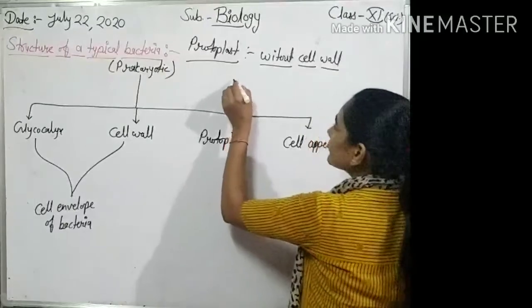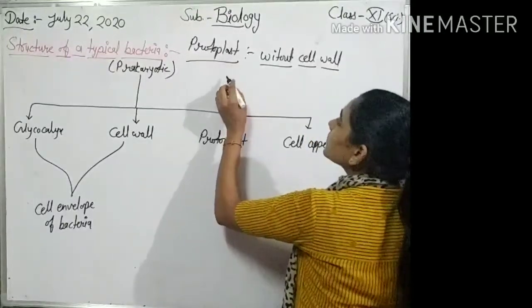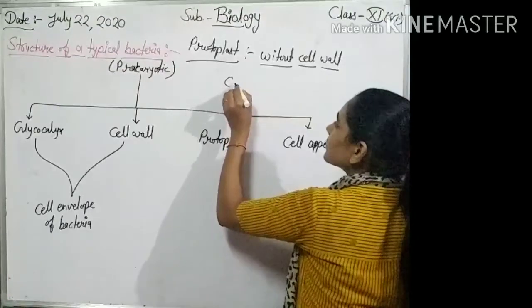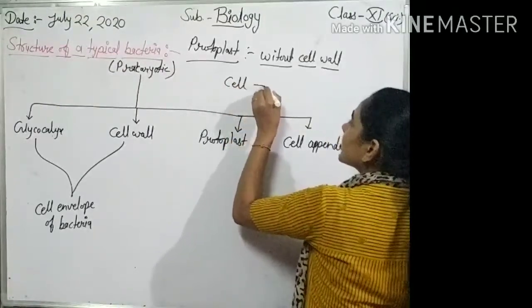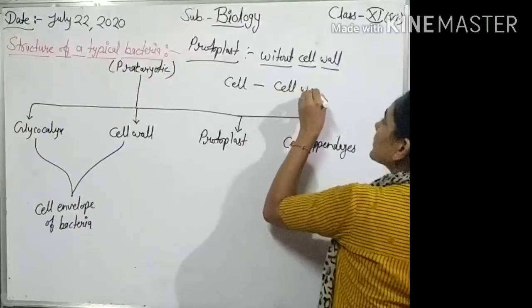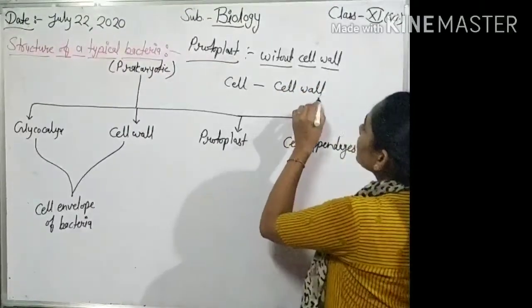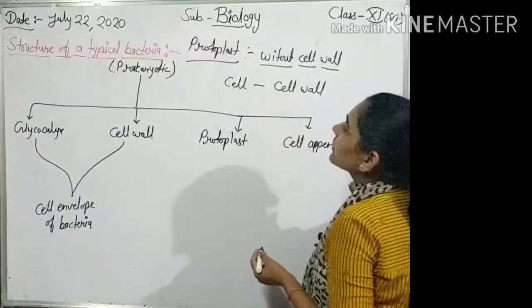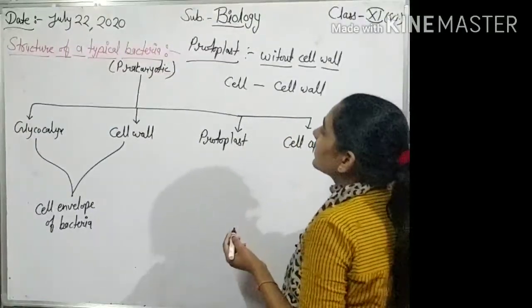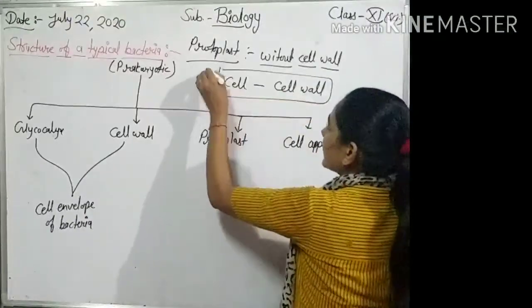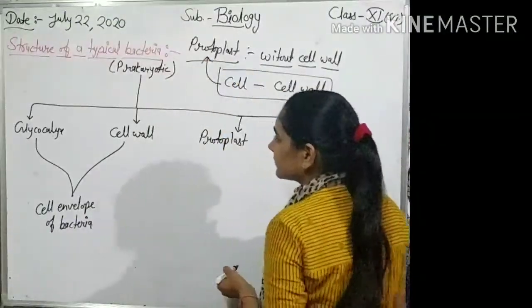It means cell minus cell wall. After removing the cell wall, the remaining portion of the cell, meaning plasma membrane and cytoplasmic contents, is known as protoplast cell.